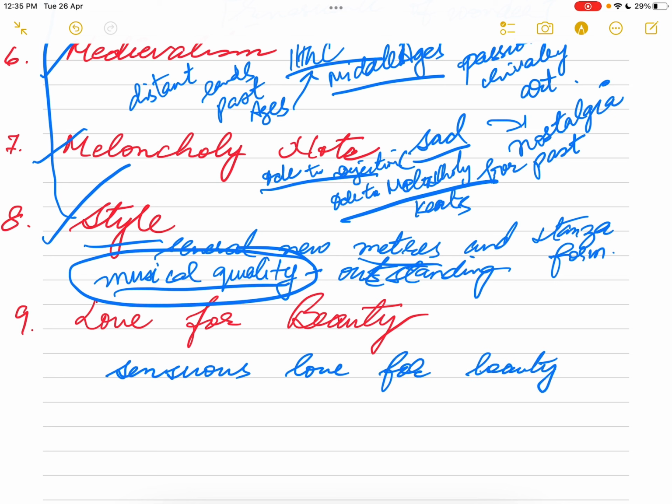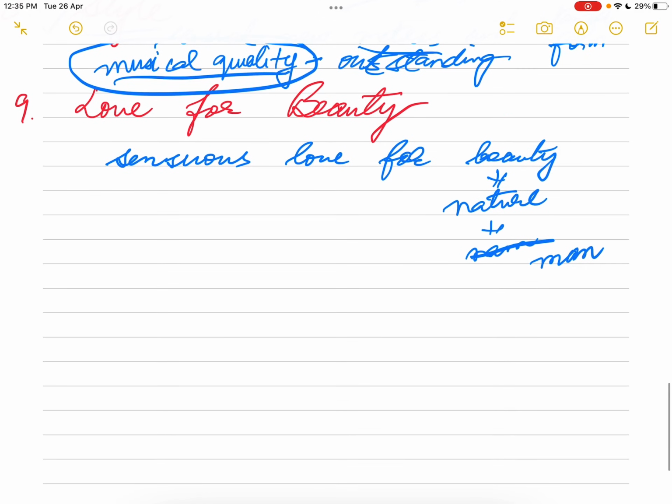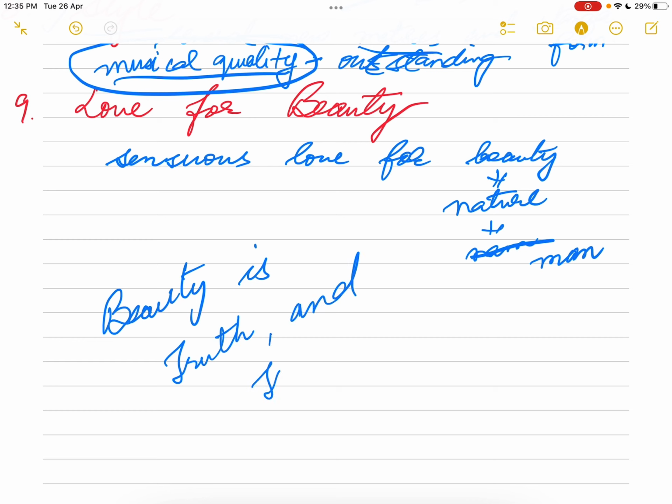Please keep in mind that beauty over here pertains to nature, and it also pertains to man, the beauty of man, the beauty of nature outside. And there are some real good thoughts that have come up. For example, Keats had said that beauty is truth and truth is beauty, vice versa. This we will study in the poem from which it comes. Keats has said this.